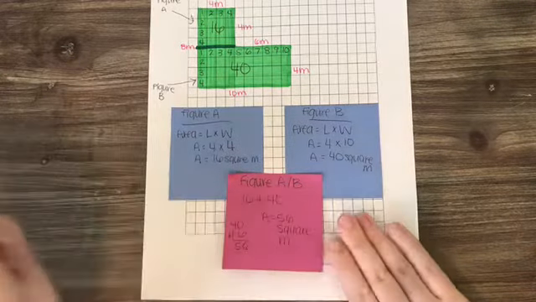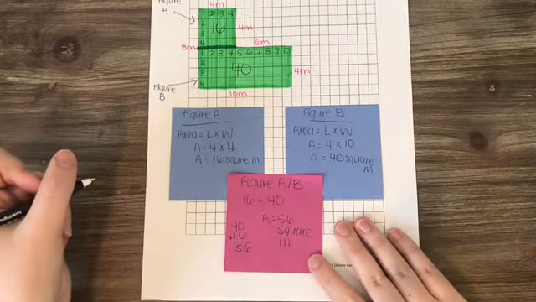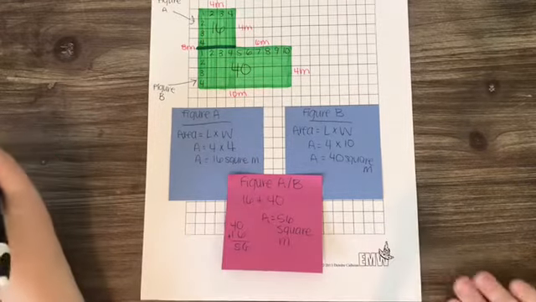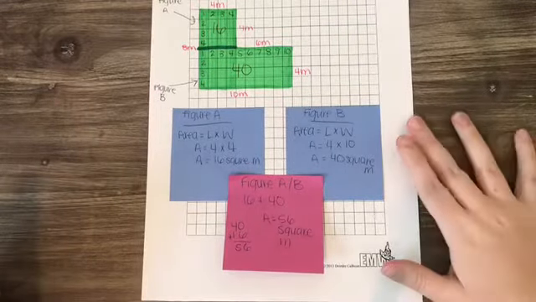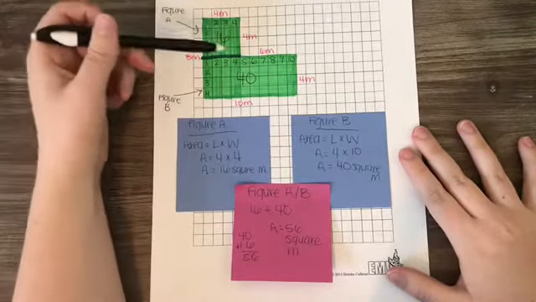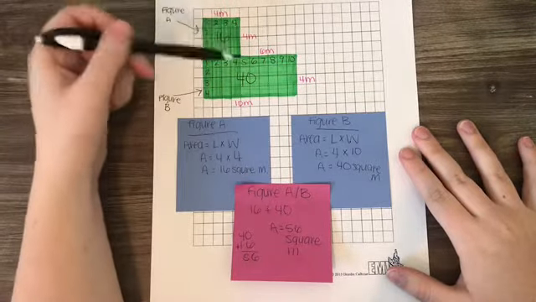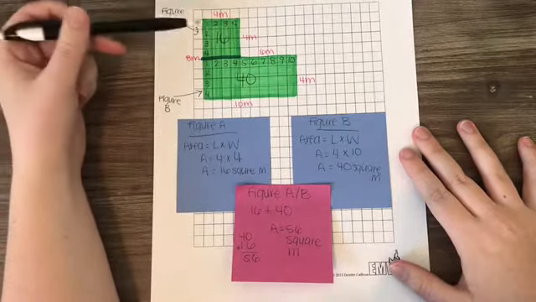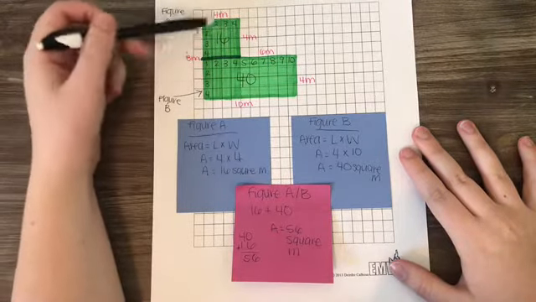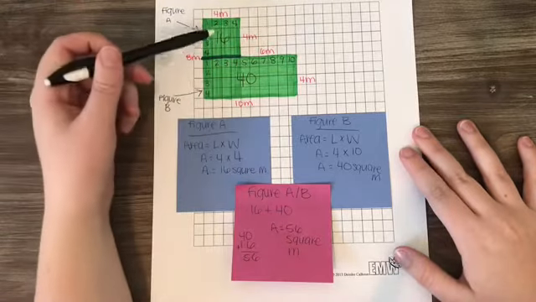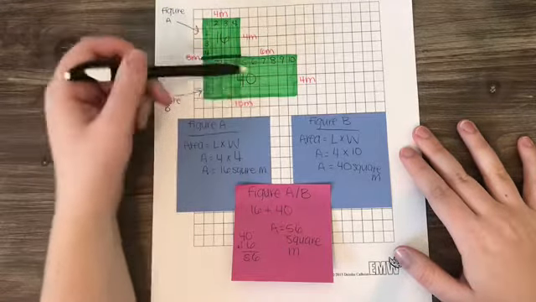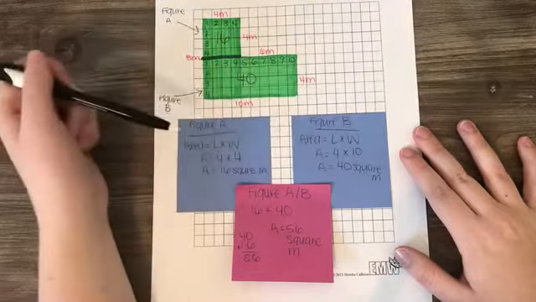meters. And you can write out meters as the entire word as well. Whatever works best for you. But that's how you would solve a problem like this. You're going to break it up into two different shapes that are more realistic to work with. So here we broke it up into a square and a rectangle. We found the area of both figure A and figure B, the two different parts of that shape.